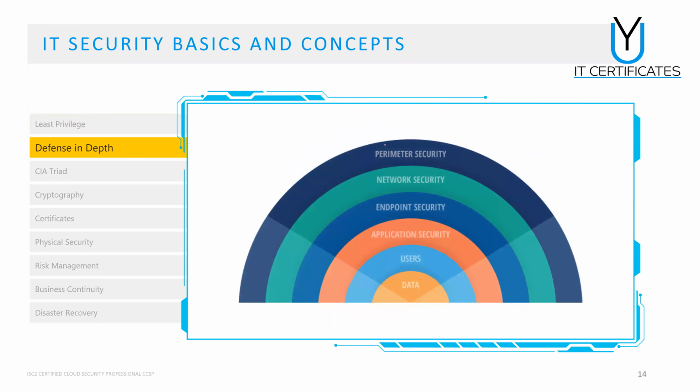The other concept in security, the talk of the town, which we call defense in depth. Of course, in this diagram in front of us, suppose that this data is here.